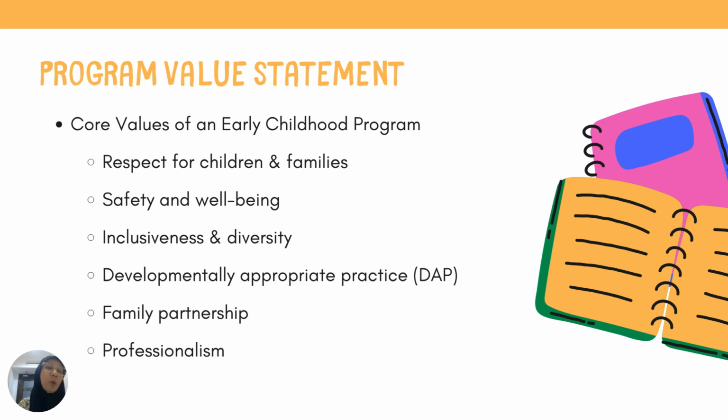Probably you want to include children with special needs, or children from other races and so on. Not forgotten, developmentally appropriate practice, to ensure that children can develop according to their milestones. Also it's very important for us to emphasize family partnership and professionalism.